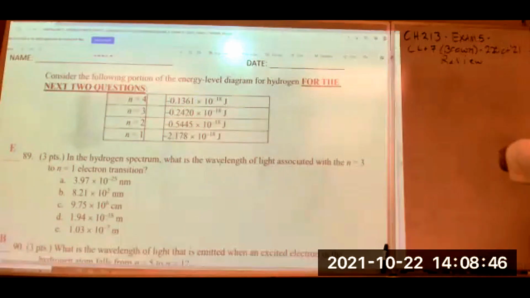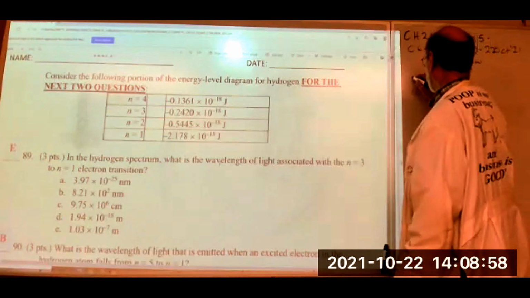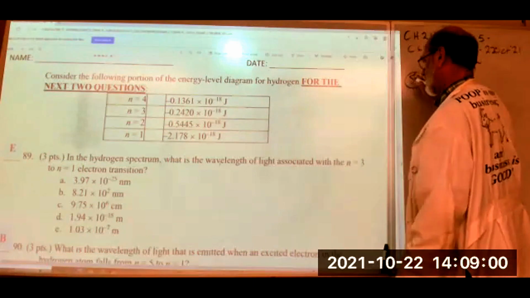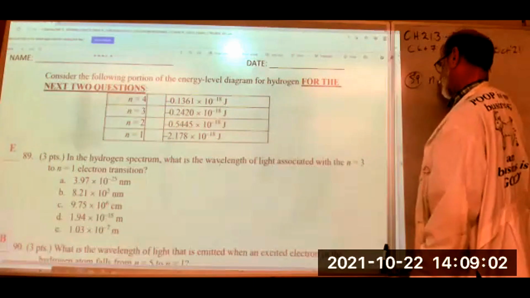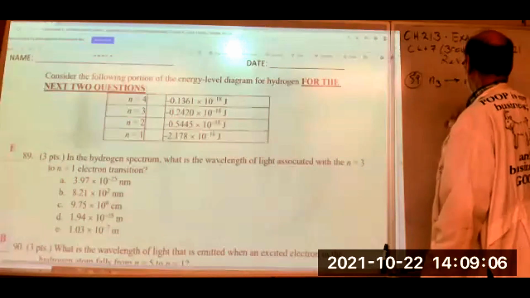Okay, back to in the hydrogen spectrum, what's the wavelength of light associated with N equals 3 to N equals 1 electron transition? So we're going from N3 to N1.